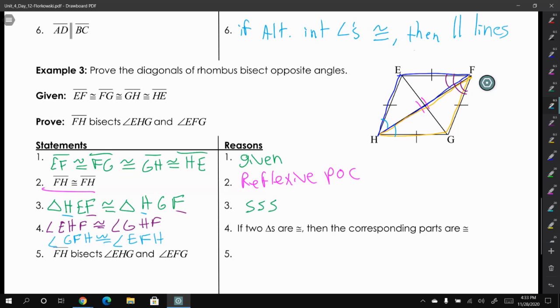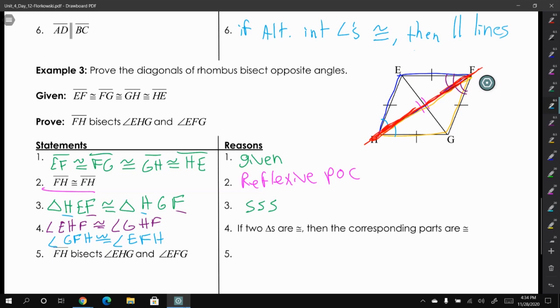Well, if we look at this, and I'll do it in red, if we look at FH, you see that for the light blue angle, we have one arc above it and one arc below it. So each of those parts are equal. So that red line cuts that bigger angle in half.